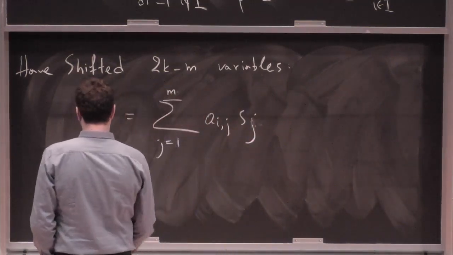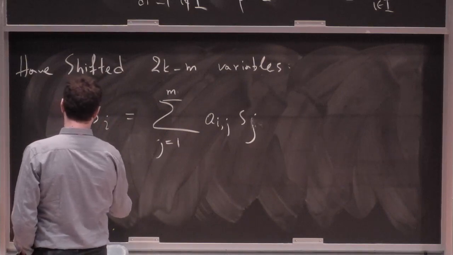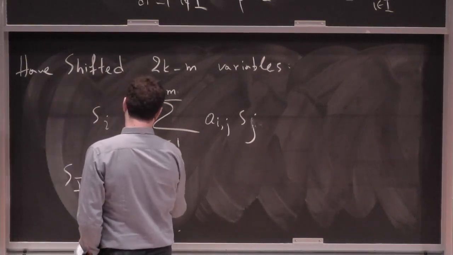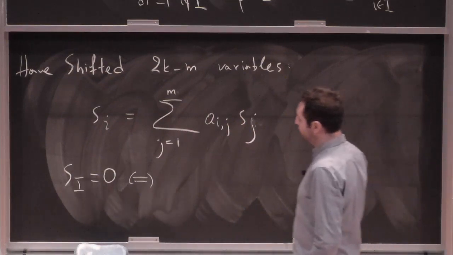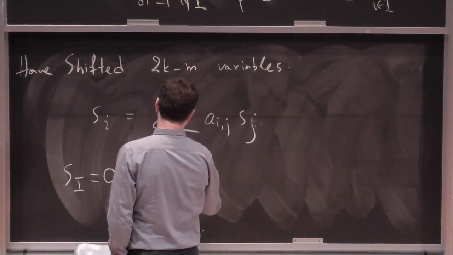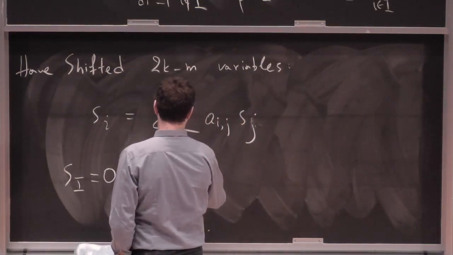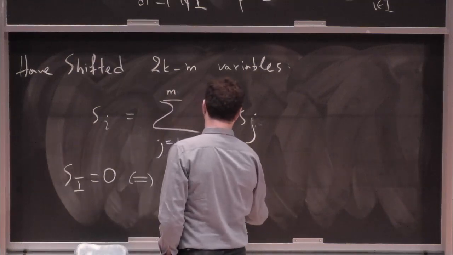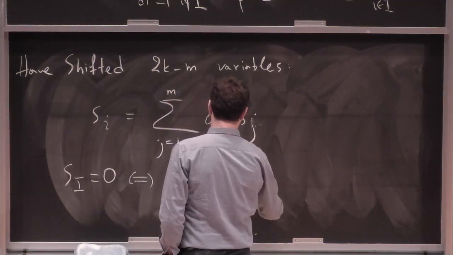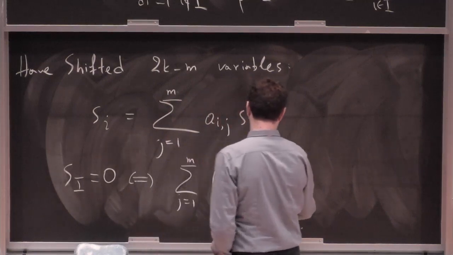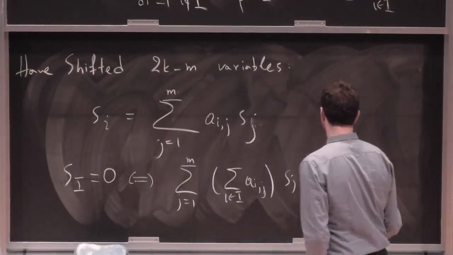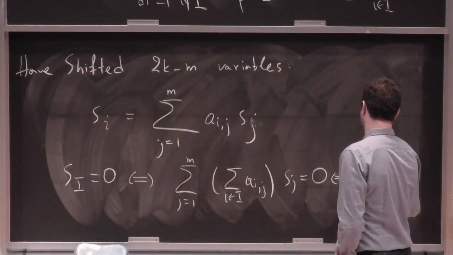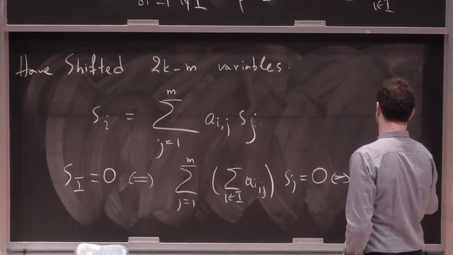And what does it mean for S_i to be 0, where these are now free variables? What does it mean for this linear form to vanish? It means that this linear form vanishes. But for a linear form to vanish, it means that all of these coefficients must vanish.